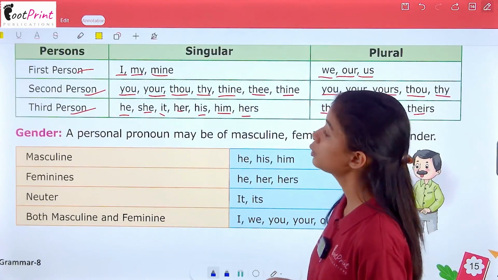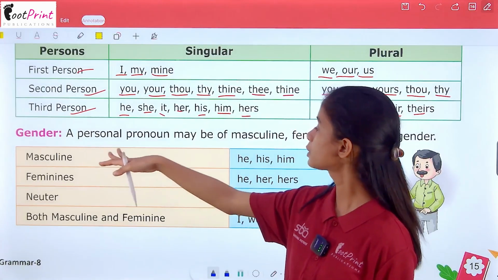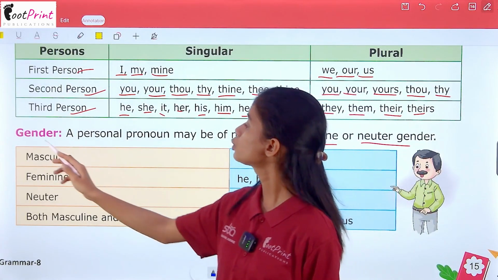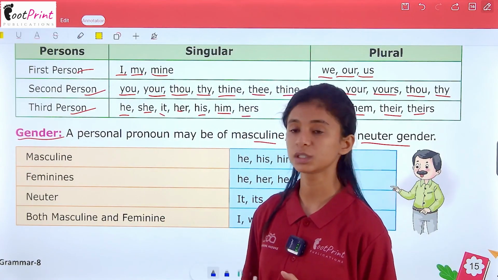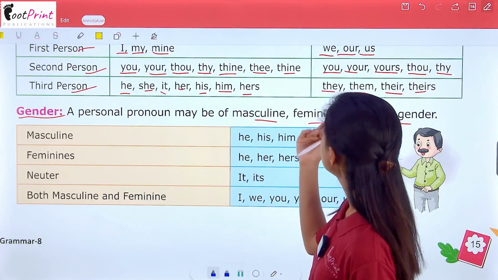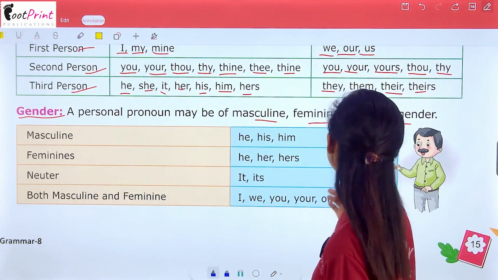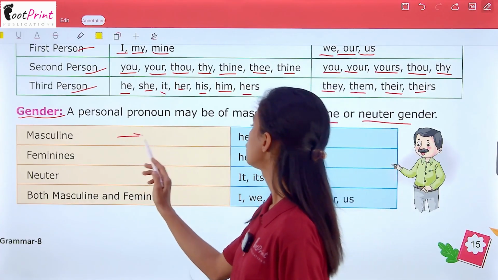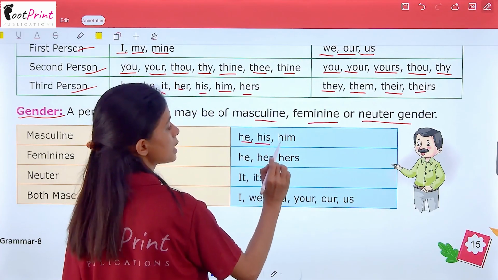Now, a personal pronoun may be of masculine, feminine or neutral gender. So, we have another condition that is gender, and it can be either masculine, feminine or neutral. In masculine gender, we have he, his and him.